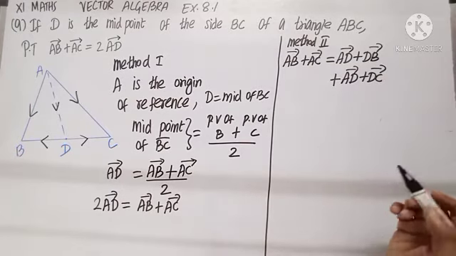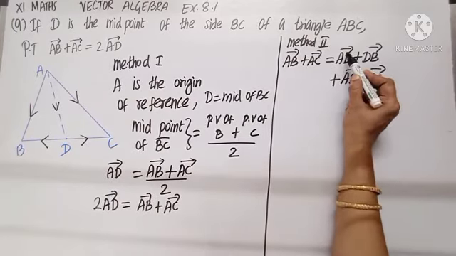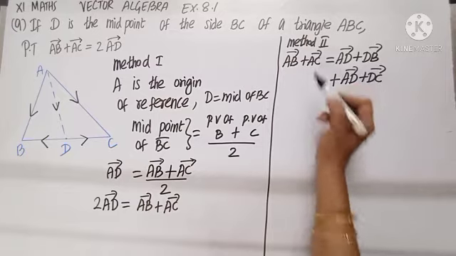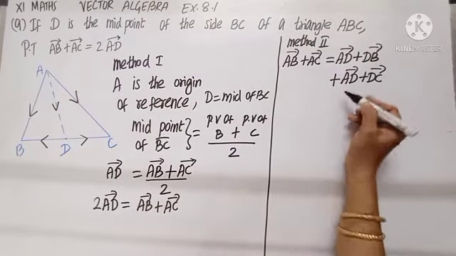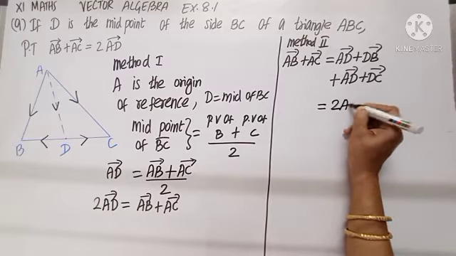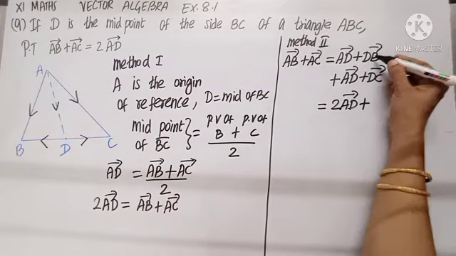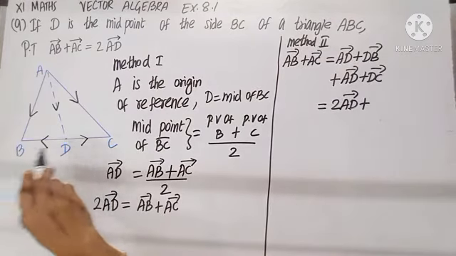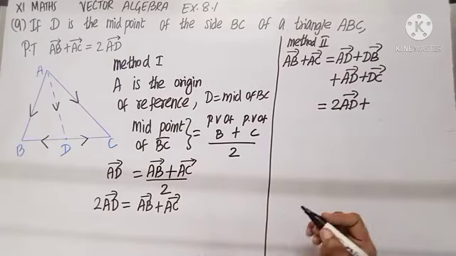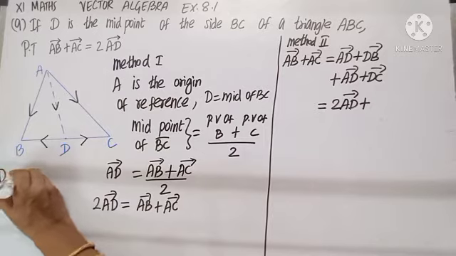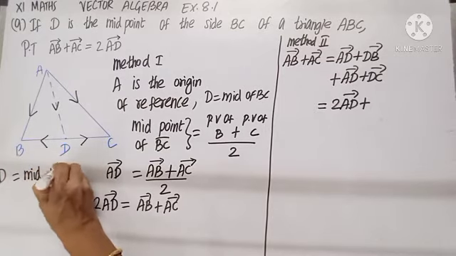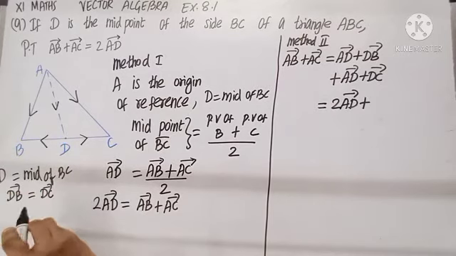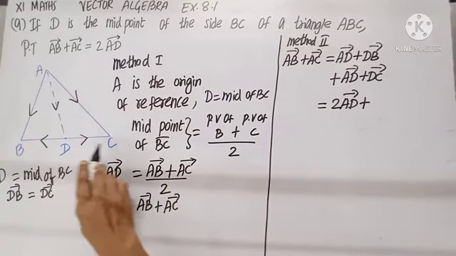Remember the idea of vectors. The same letter cancels, I get AB. The same letter cancels, I get AC. Now AD plus AD is 2AD vector. These two, how am I to think? D is the midpoint of BC. Whenever D is the midpoint of BC, what do I understand? The DB vector and the DC vector: DB goes this way, DC goes the opposite way.